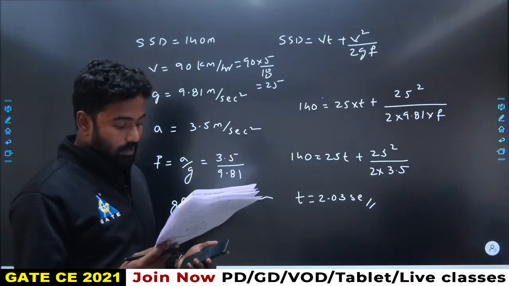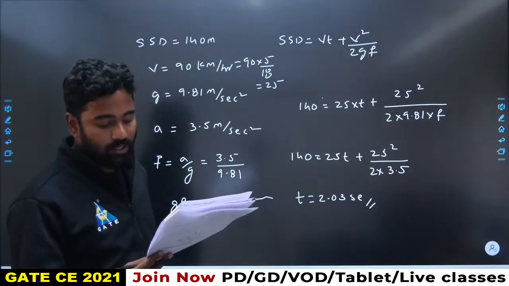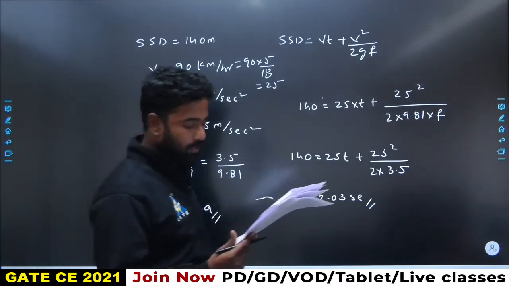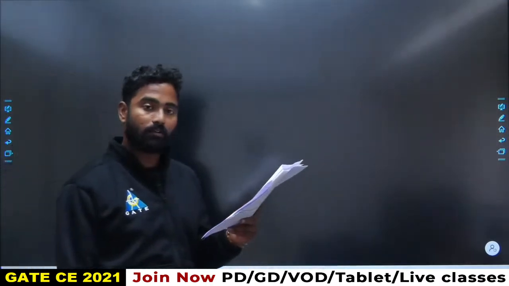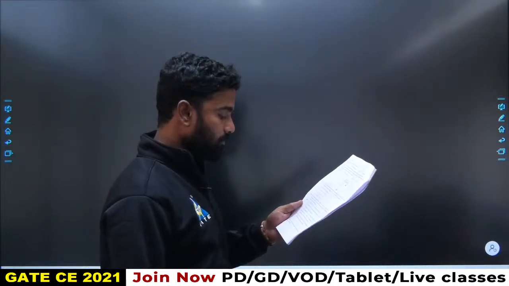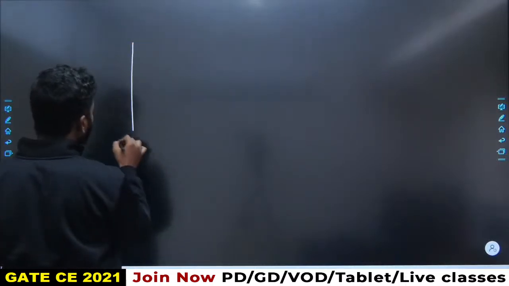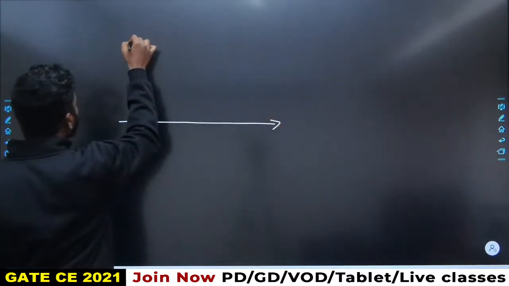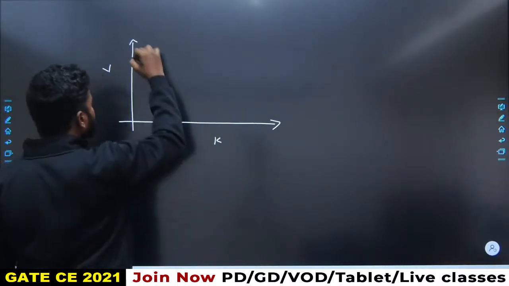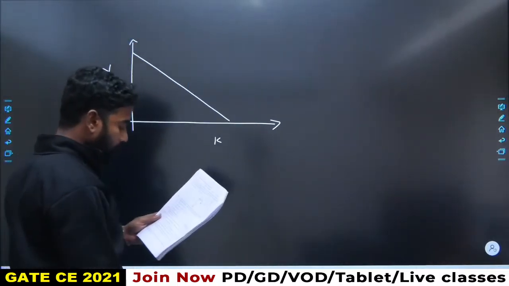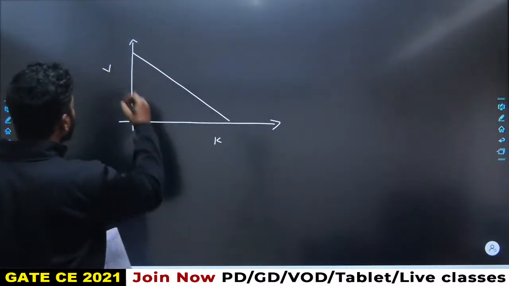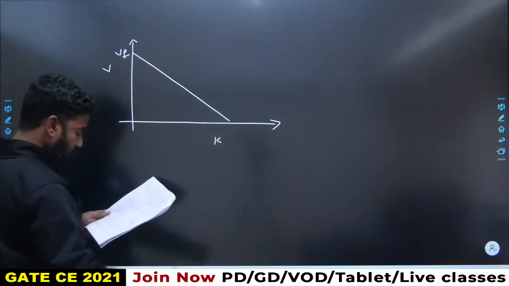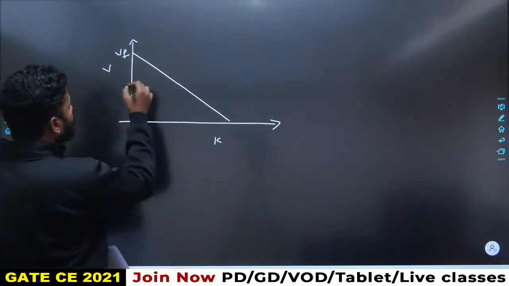Next, the relationship between traffic speed and density is described using a negatively sloped straight line. If Vf is the free flow speed, then the speed at which maximum flow occurs is? Let us say this is the speed versus density curve, which is a negatively sloped line, and Vf is the free flow speed.